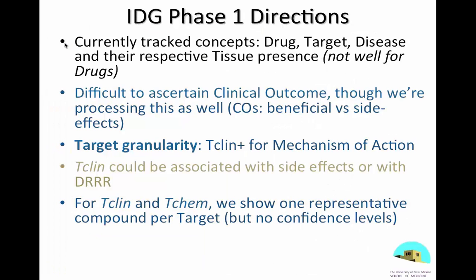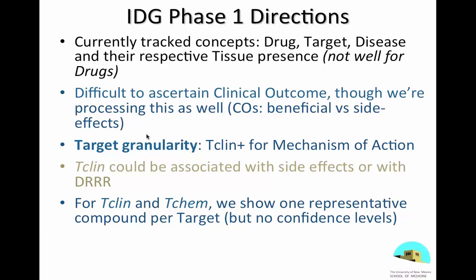Some thoughts on directions. We currently track drug targeting disease, and we are not doing very well with tissue presence, but we're improving that as we speak. And even more difficult, we do not know where the drugs go in tissues because there is not enough data there. I mean, volume of distribution is a way to measure that, but that's a very crude way to measure it.